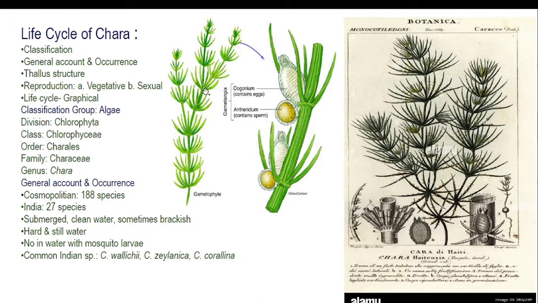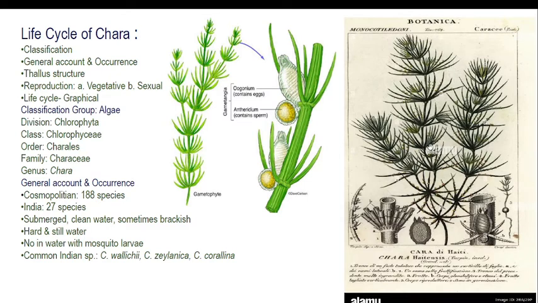Here is the diagrammatic representation of a Chara, and this is a small branch of Chara showing the globule, the nucleus, and these leaf-like structures. Here is the complete thallus of the Chara.